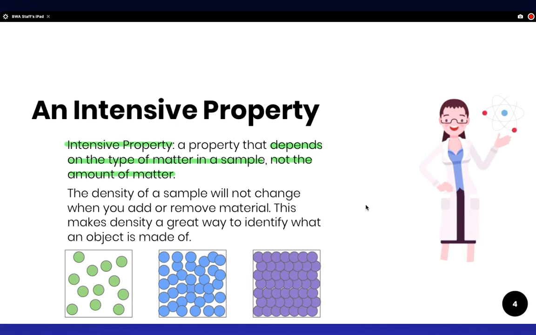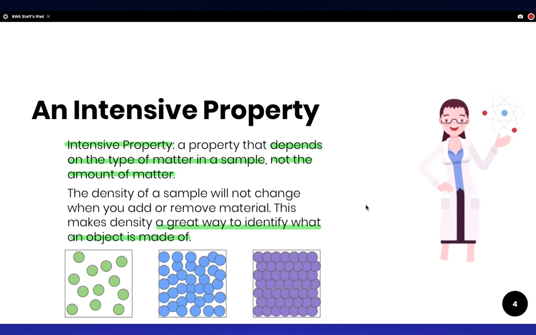So if you add a larger volume, you will also add more mass, meaning that the density will stay the same, okay? Because density doesn't change based on how much or how little of something you have, density is a great way to identify what an object is made of.